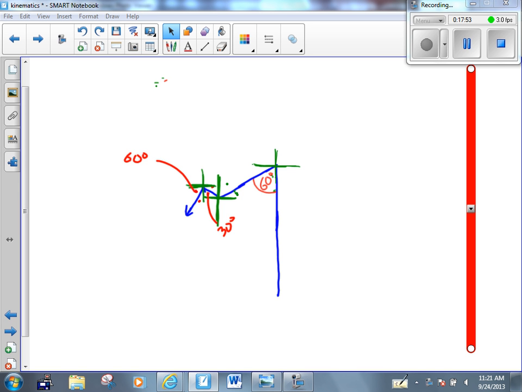All we've got now is 4 different vectors. They're all at different angles. Vector 1 going straight north, vector 2 going 60 degrees west of south, I should say. Vector 3 going 30 degrees north of west, and then vector 4 going 60 degrees south of west. Does that make sense?